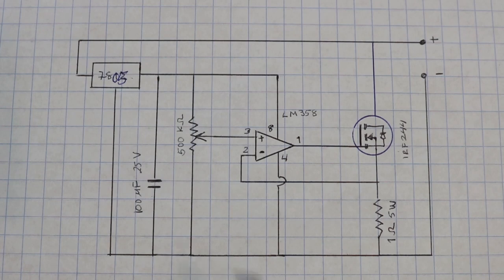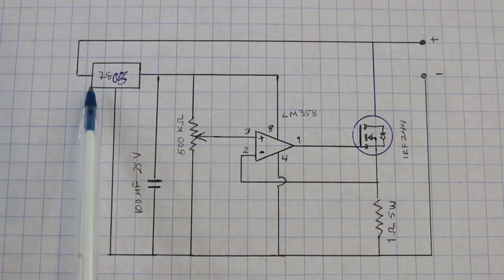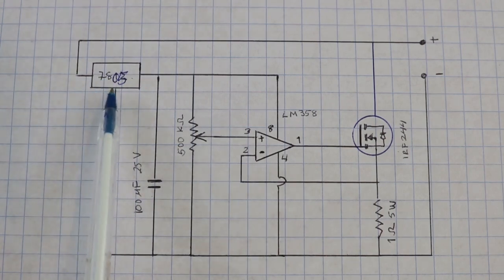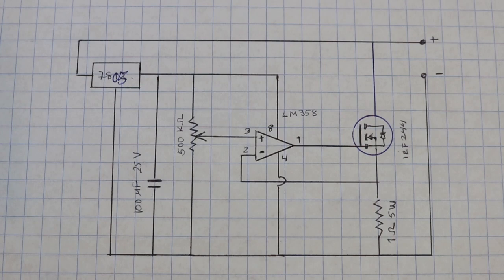Therefore, depending on the voltage that we apply at pin 3, the MOSFET will turn on and off when the current drawn by the circuit makes this voltage reach the same value as at pin 3. In this way, we can control the amount of current that the circuit draws just by varying the potentiometer. Here we are using a 7805 voltage regulator to feed the operational amplifier.